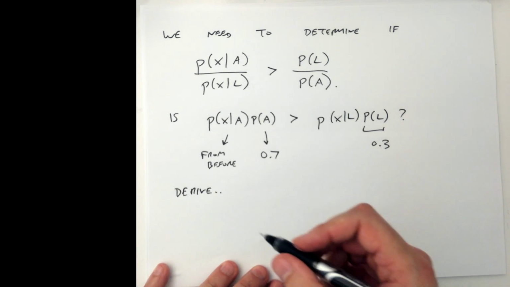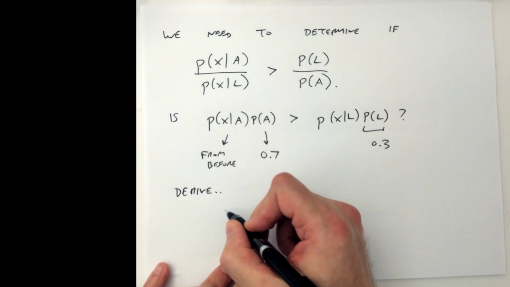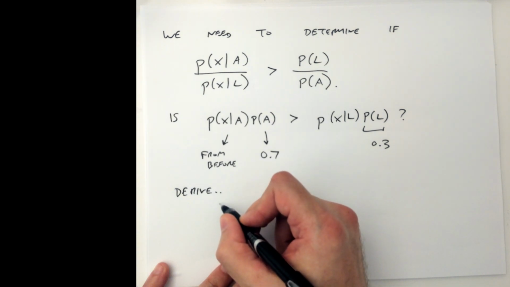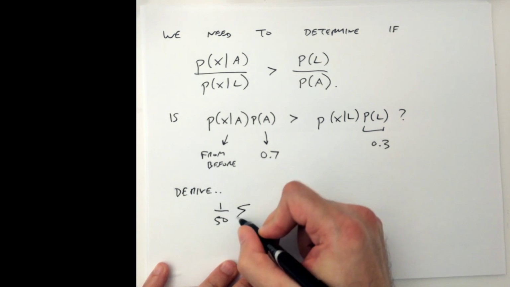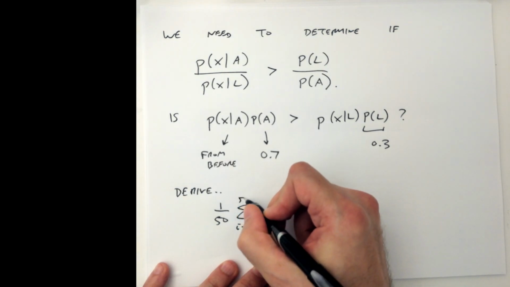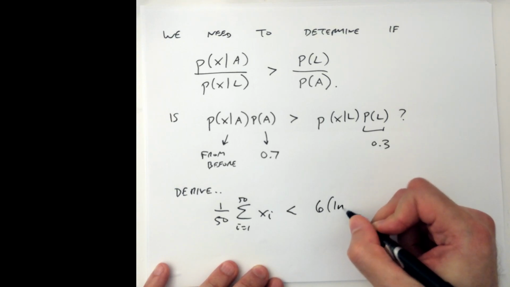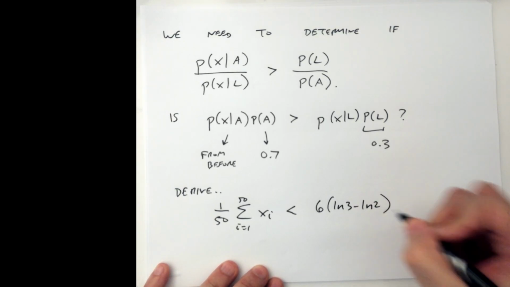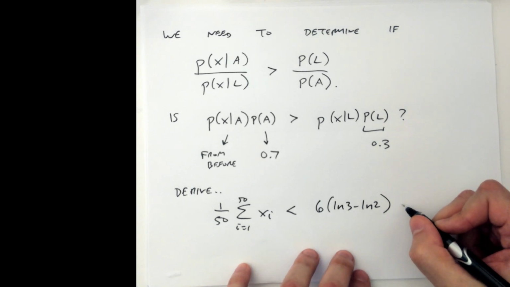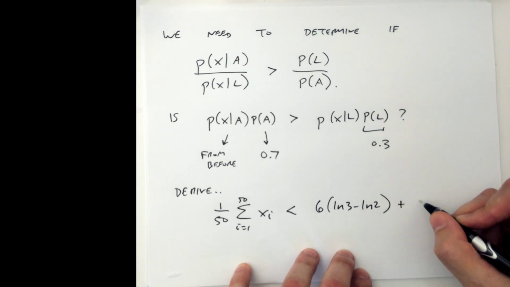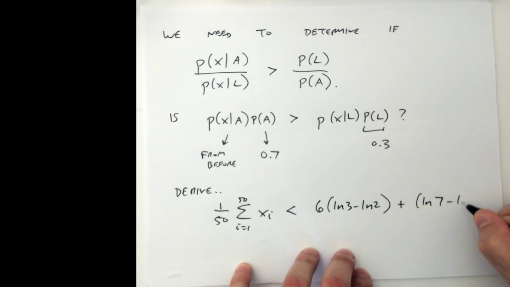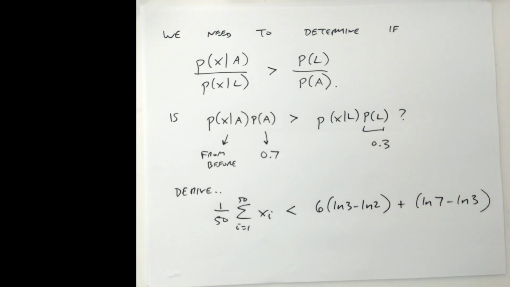to find out that now I have to decide, is the mean number here less than the same threshold I had before, but now my threshold is changing a little bit. Again, this was like a homework problem, which takes a little bit of time to work out.